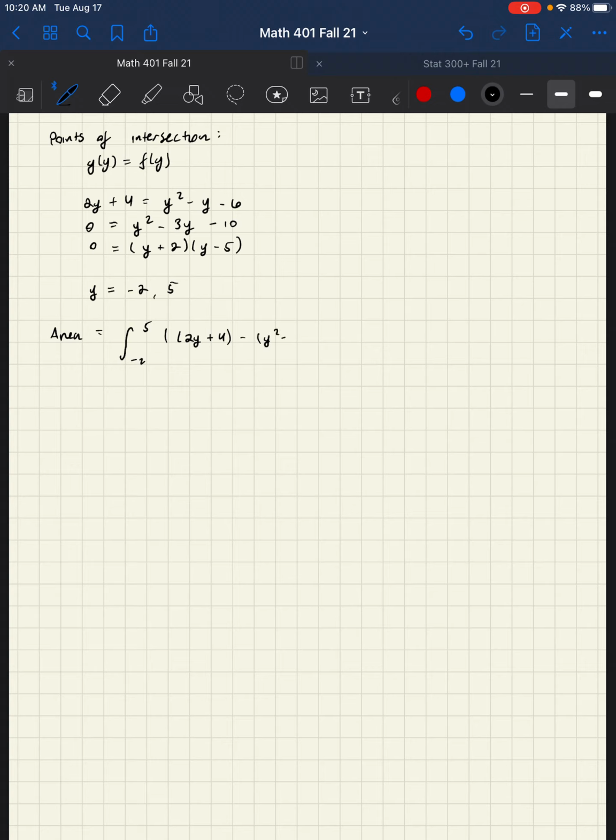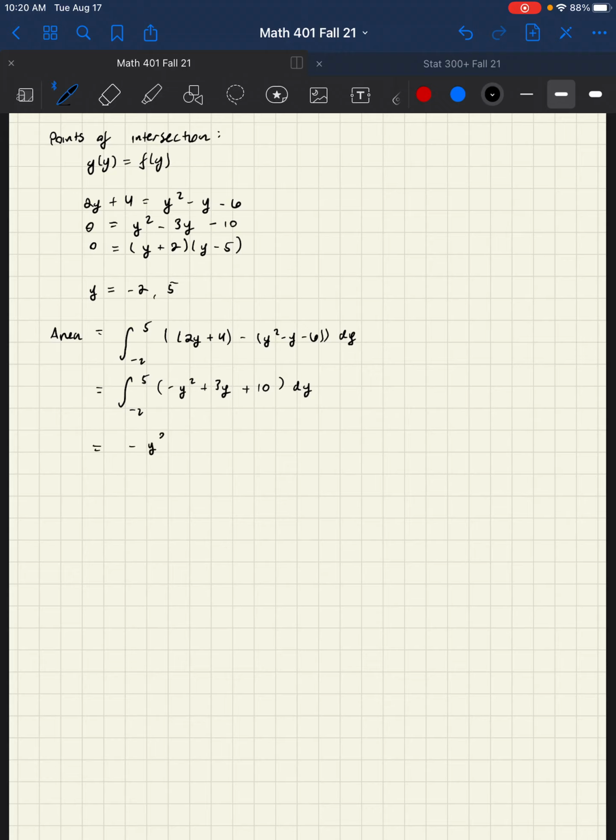of 2y plus 4 minus (y squared minus y minus 6) dy. Simplify that, but the nice thing here is, of course, this is going to turn into a polynomial regardless. So in fact, I believe it'll be negative y squared plus 3y plus 10 dy.